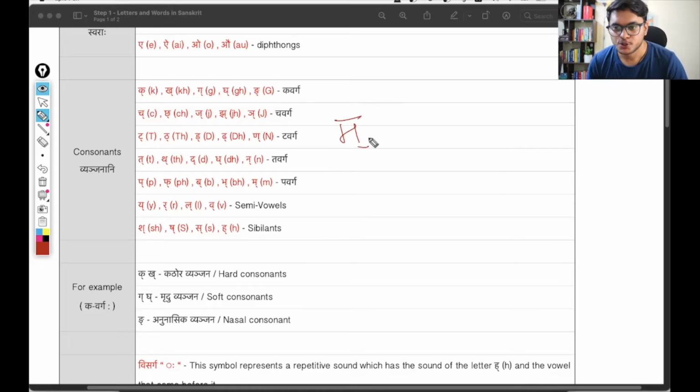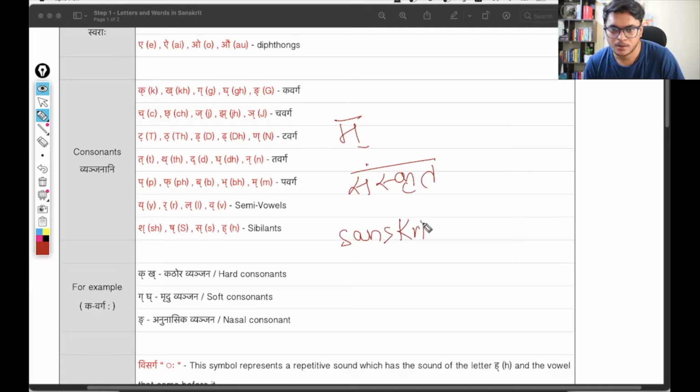That's it. So, if you encounter this word, Sanskrit, which is in English written as Sanskrit, now you know the correct pronunciation of Sanskrit is Sanskrit, with an M. Because this anuswar will be replaced by M. So this Sanskrit, it is wrong.